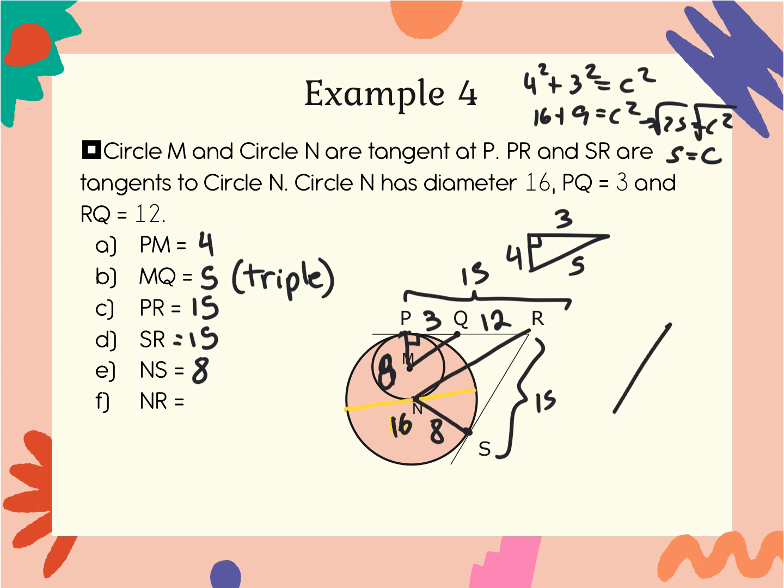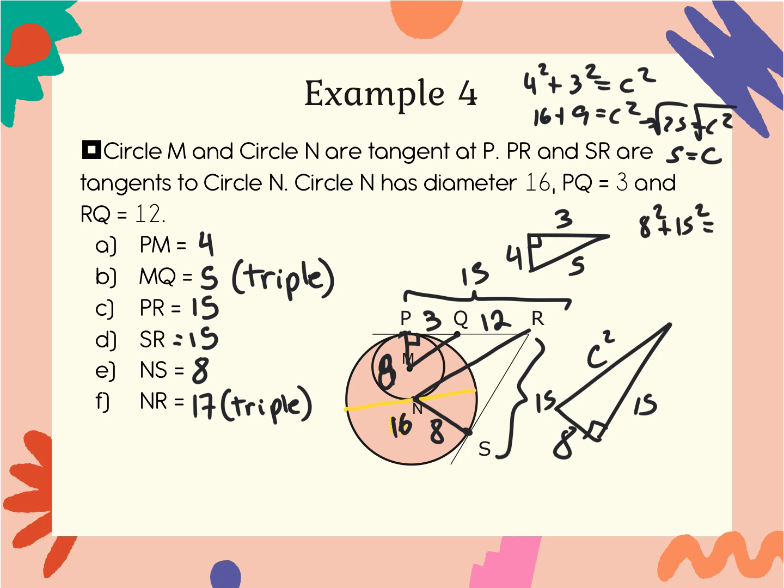Again, you're going to have this triangle, 90 degrees, 8, 15, and c squared. This is another triple. So this is an 8, 15, 17 triangle. I'm going to write triple so you guys have it. But again, if you don't remember, you can do 8 squared plus 15 squared equals c squared. And you should be able to find that the hypotenuse is 17.